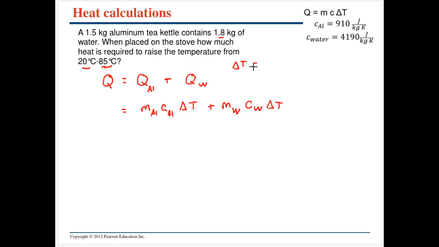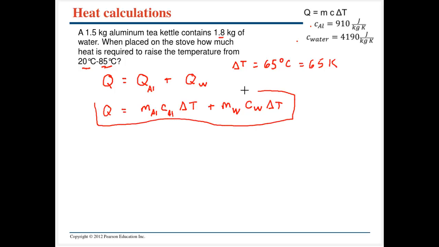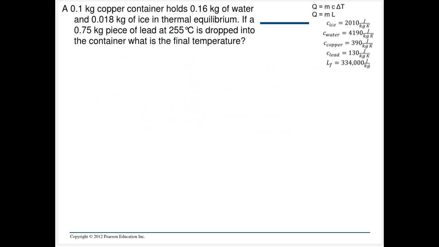It's going to raise it by 65 degrees Celsius, which is also 65 degrees Kelvin. And I've given you the specific heats up here. So we can then just go ahead and use this equation to calculate the amount of energy it takes to raise the temperature.